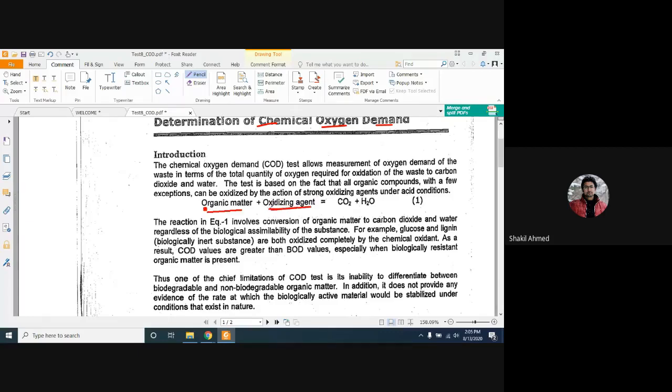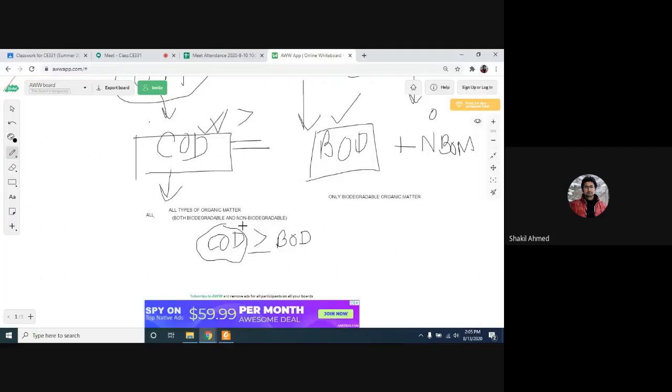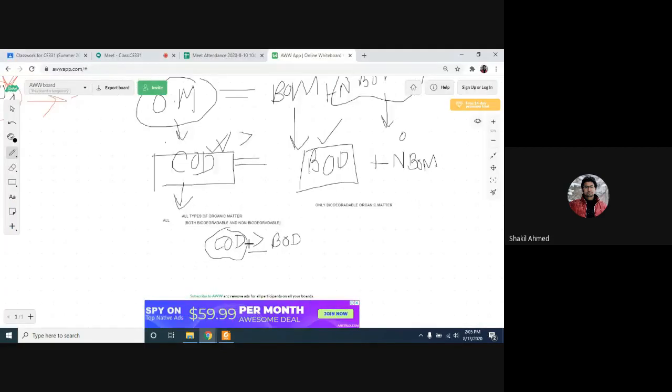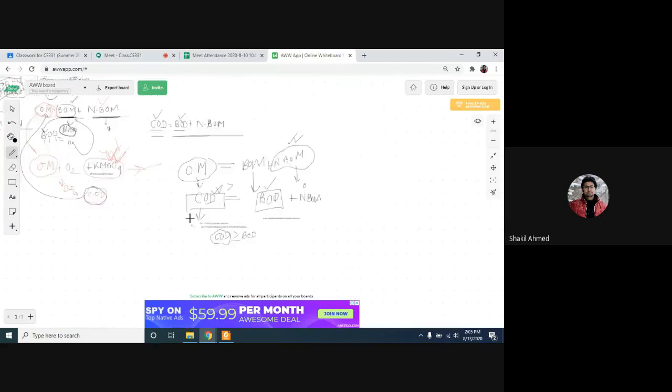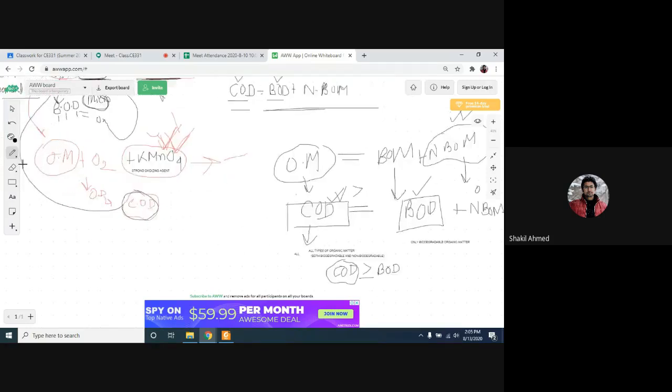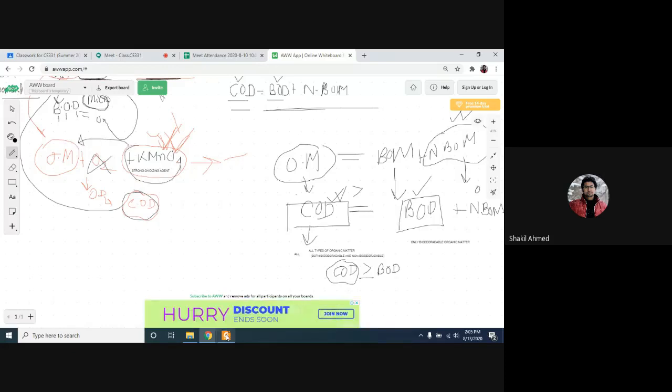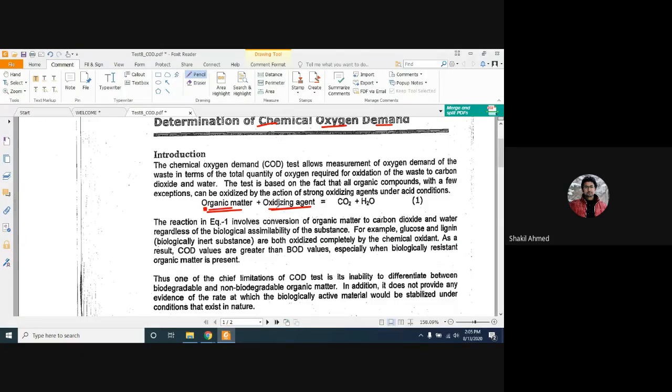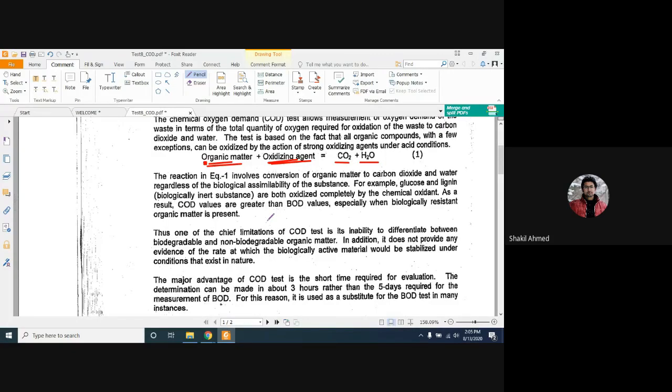So organic matter plus oxidizing agent equals carbon dioxide plus water. Like I said, potassium permanganate. Here you don't need extra oxygen because you already have oxygen here. So potassium permanganate will oxidize this.